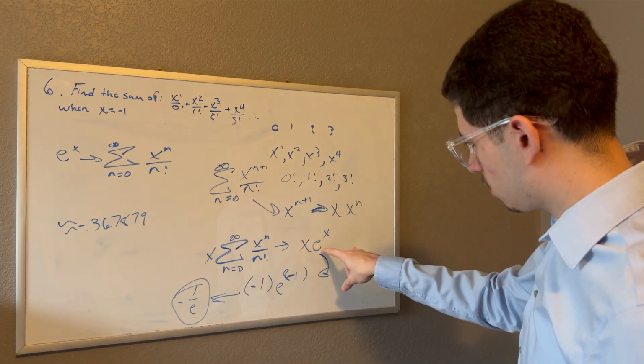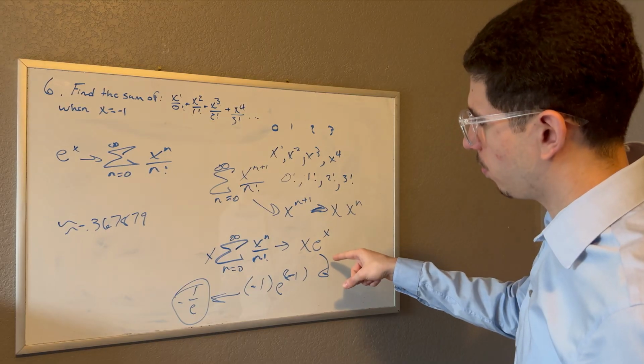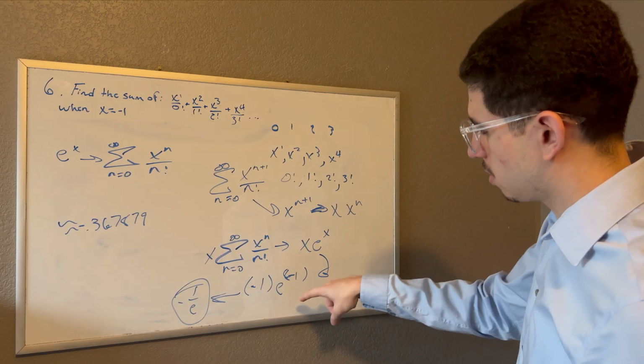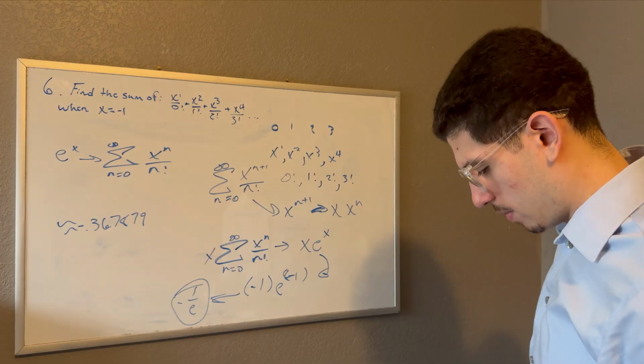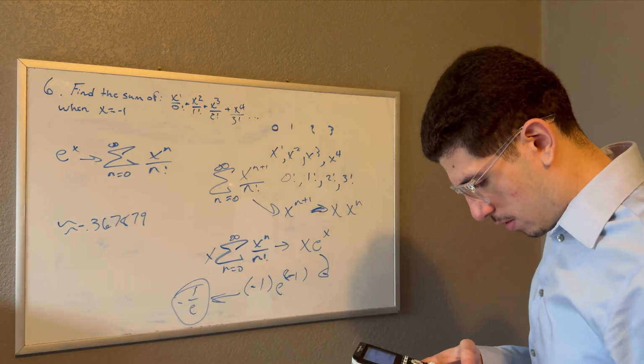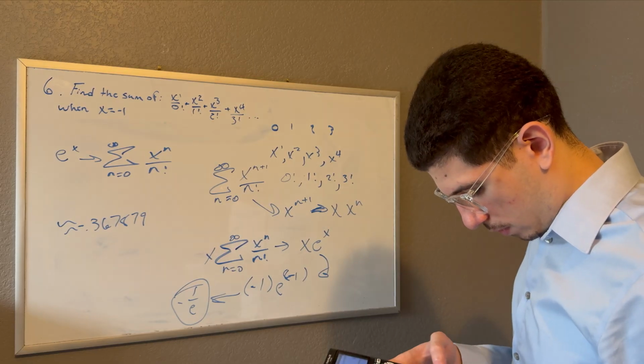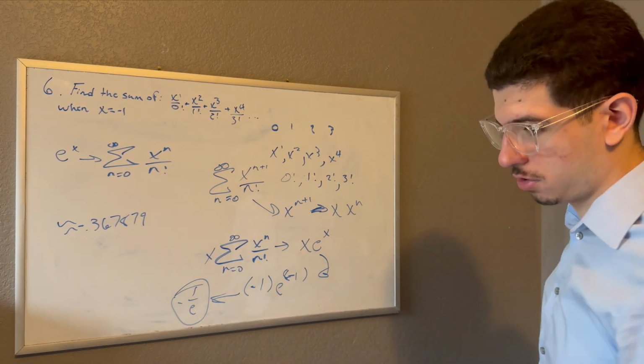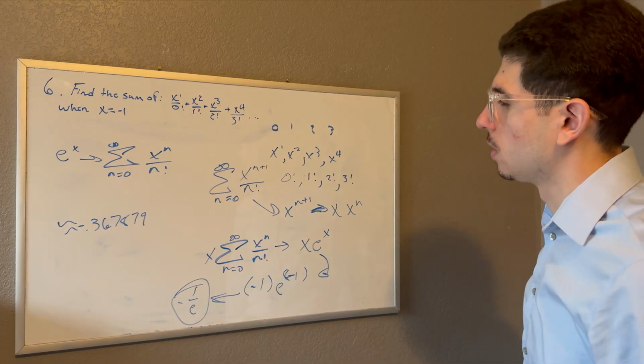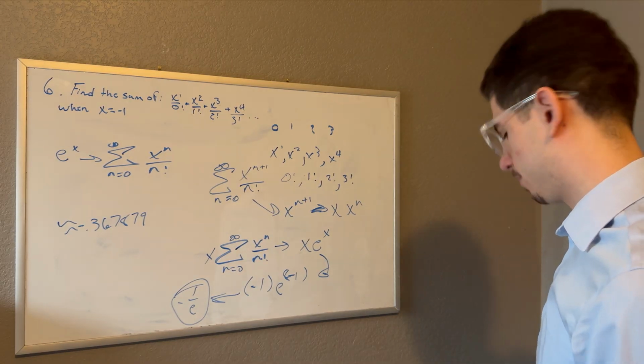We get e to the x, and we just plug in -1 for the x, so we just get this answer. Which is the right answer, and that's how you do problem number 6.